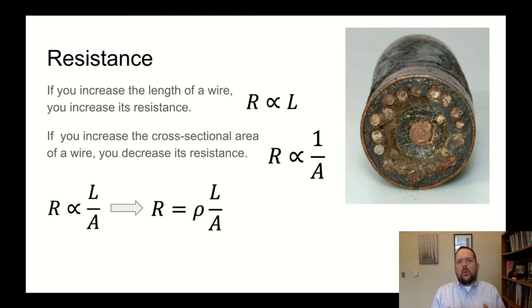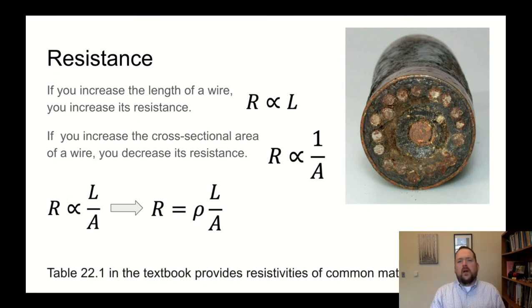So again, rho, the lowercase rho here, is the resistivity of the material, and it is a number, and it actually has units of ohm meters, and it characterizes whatever material it is that you're working with. So you can Google around and find tables online. It's also table 22.1 in our textbook.